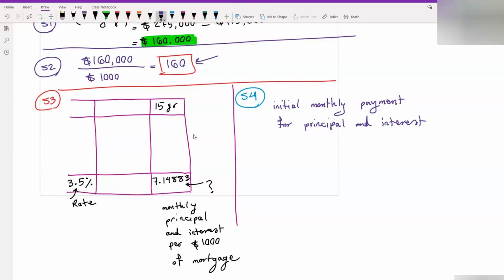So we use this number, 160, multiplied by the answer from step 3. So this is equal to 160 times 7.14883. I run it and the answer is $1,143.81. So this was the answer for part B.